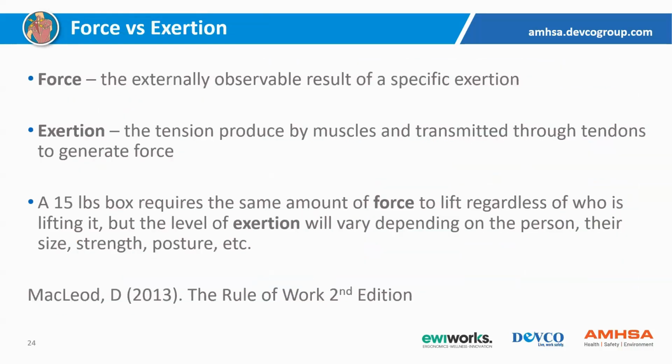All right. So what I wanted to talk about next is force versus exertion, and we'll see some examples of this, and then we'll get into some specific examples of force as a concern for jobs that we see within the AMHSA membership. So, force is defined as the externally observable result of a specific exertion, and exertion is the tension produced by muscles and transmitted through tendons to generate force.